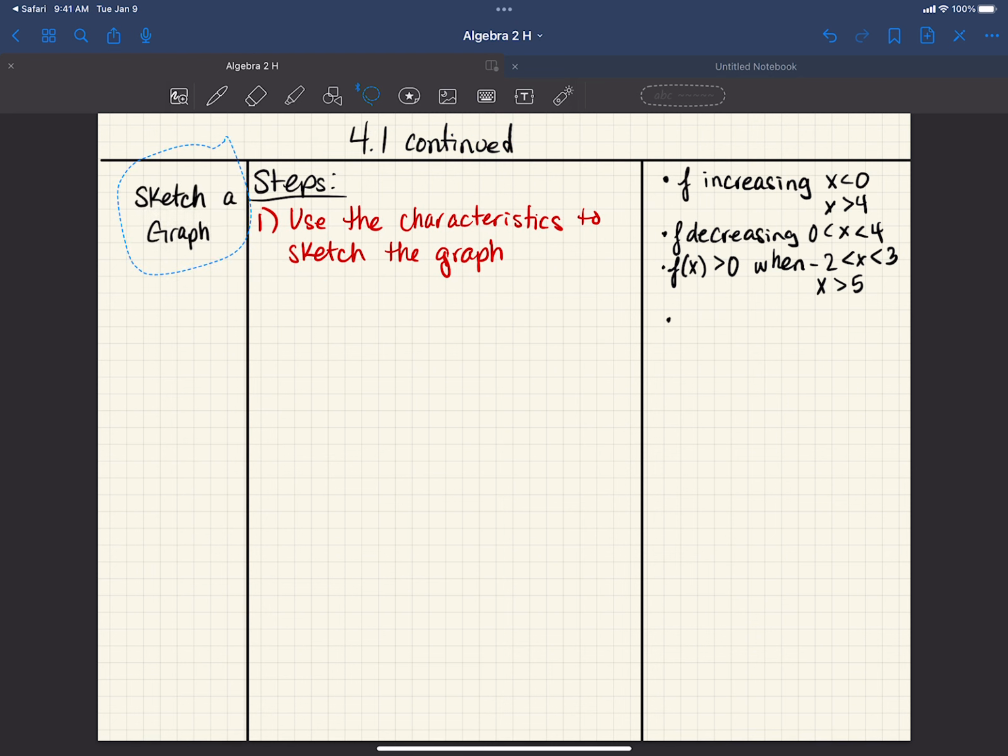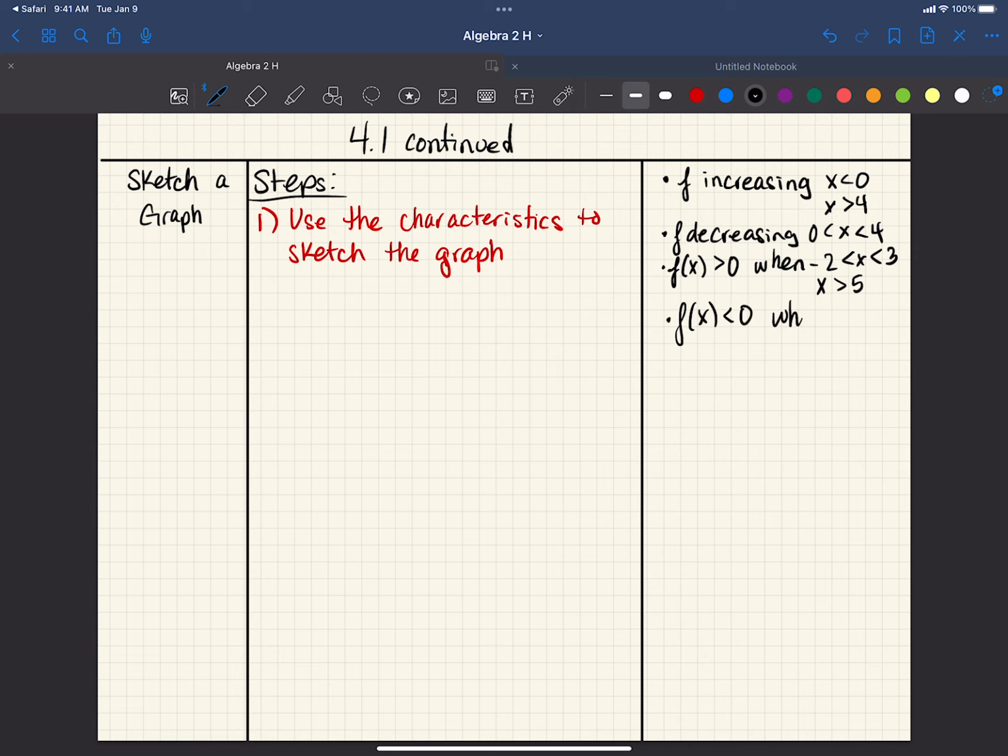And again, the nice thing about sketching is that it doesn't have to be accurate. Okay, so the information that you're getting is very vague. If you want to think of it as if I were to give this function to someone else, and I give them this information, they would know exactly what the graph should look like at certain points.